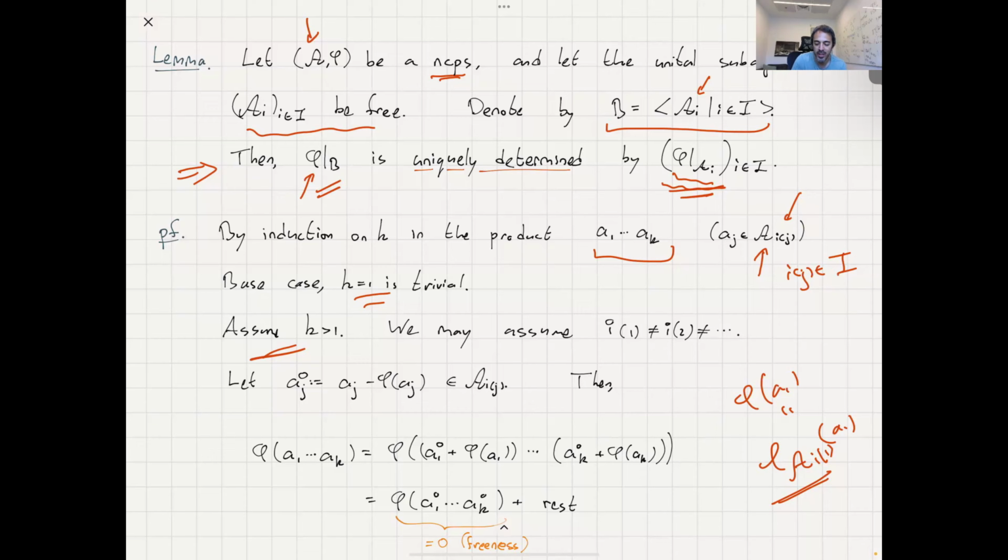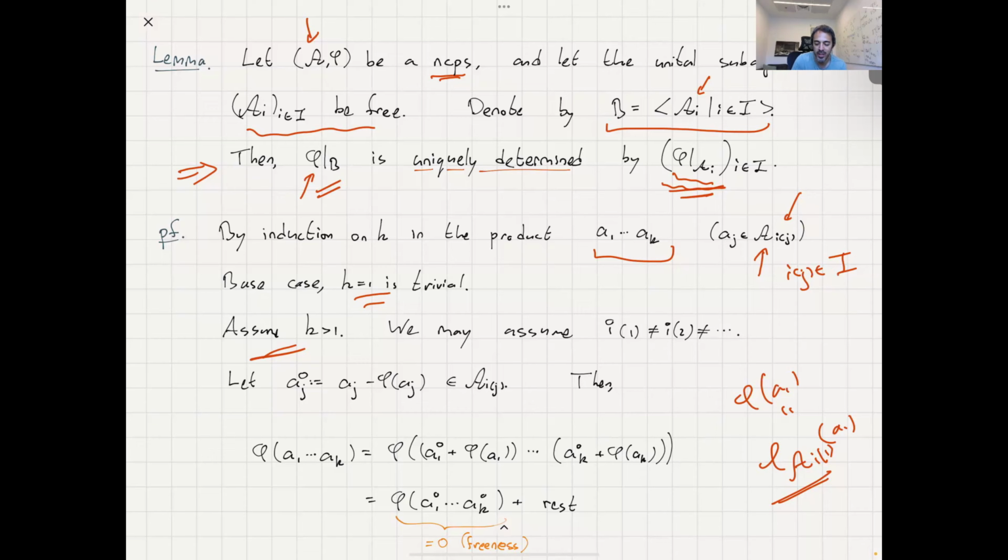Because if you are giving me a_1 up to a_k, and maybe a_1 and a_2 came from the same algebra, then you can just go ahead and look at a_1 a_2 as one element in the common algebra. That only reduces k. So doing this assumption within the induction is still valid. And you can repeat that, since k is finite, until you get to a situation in which this holds. Right, so it's okay to assume that.